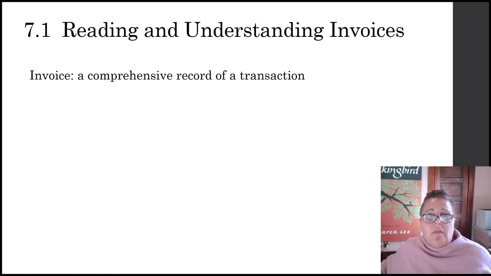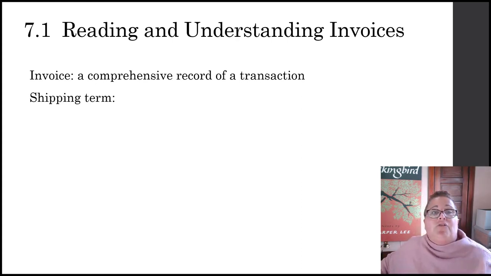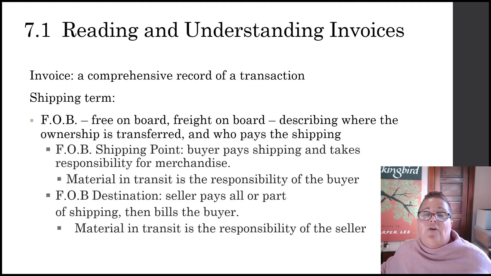The one terminology from an invoice that you may not be familiar with is a term that has to do with the shipping, and it is known as the FOB. The FOB stands for free on board or freight on board. It's a description of where ownership of the item is transferred and who pays that shipping.